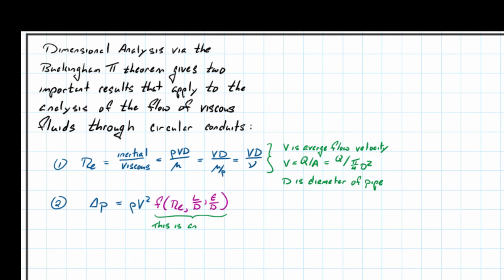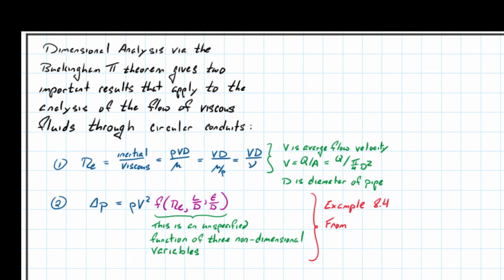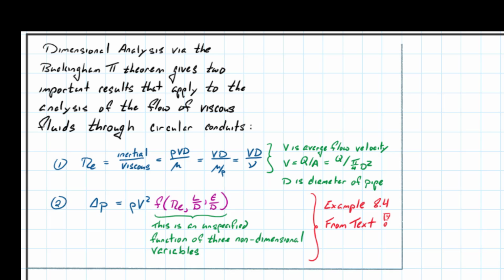In this case, the Reynolds number, the length that we're looking at divided by the diameter of the pipe, and epsilon, which is the surface roughness, divided by the diameter of the pipe. And now we'll use these two results as we continue our analysis, where we want to end up with the equations from Chapter 10 that will allow us to analyze and design pipe flow.